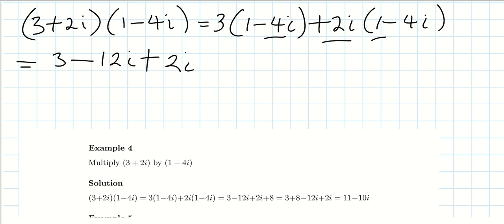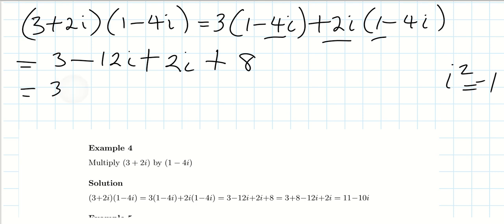Then 2 times 4 is 8. Good. Then plus times minus is minus. Then i times i, which is i squared, is what? Minus 1. Then minus 1 times this minus will have what? Plus. And this is equal to, then we collect like terms.